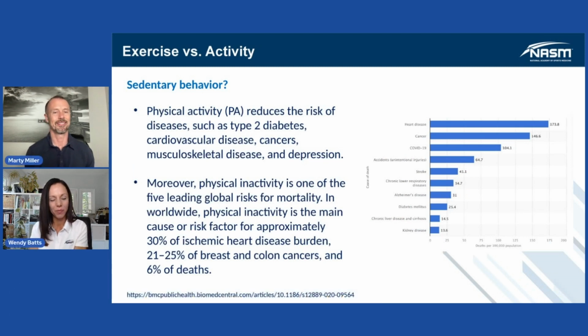But then again, when you keep looking at some of these different graphs, you guys can see where we're getting this data, but physical activity reduces the risk of diseases. We've talked about that. We know this, guys, but when you're looking at type 2 diabetes, cardiovascular disease, cancers, musculoskeletal diseases, and depression, exercise or physical activity or both have shown to allow positive changes in people, just of how they feel and how they interact with other individuals.